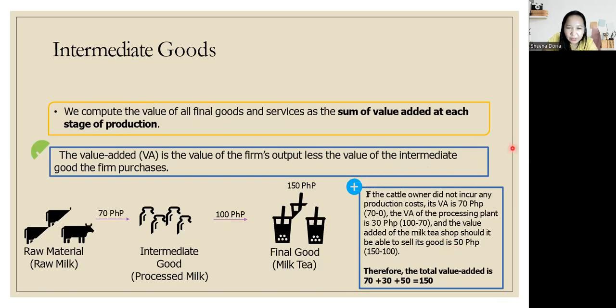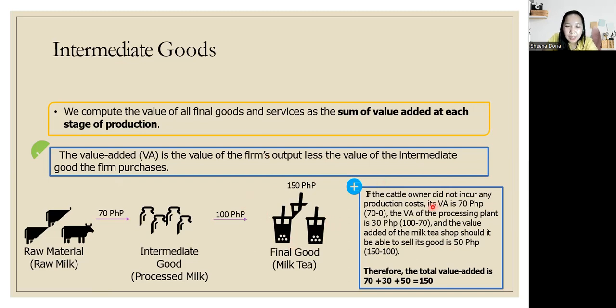Ayan. So we compute the value of all final goods and services as the sum of value added at each stage of production. So yung raw material natin is 70 pesos. Okay, naging intermediate good siya. Ibig sabihin may nadagdag na 30 pesos value to it. Tapos, nung naging final good siya or yung milk tea natin, nadagdagan siya ng additional 50 pesos yung value niya from 100 to 150.